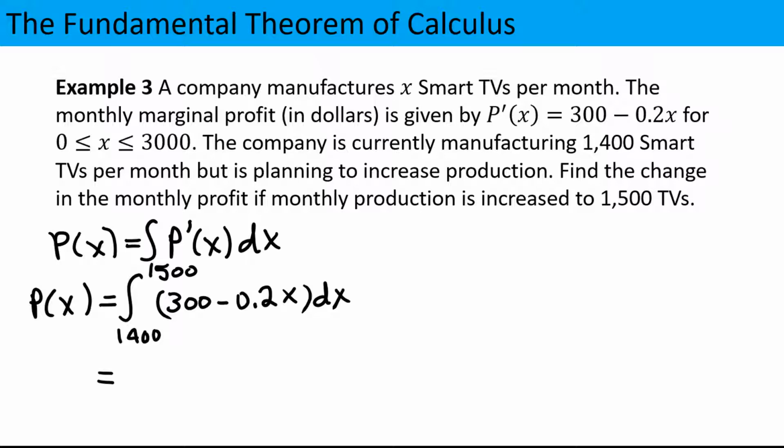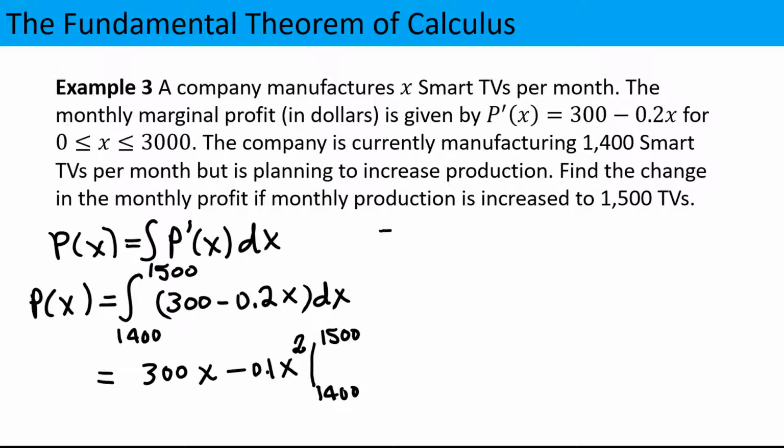The antiderivative or integral of 300 is 300x. Then we will proceed. If you have x and you integrate, it increases by a power of 1, so it becomes squared, and you divide by that same number. So the constant of 0.2 divided by 2 would give us 0.1, and we evaluate this function from 1400 to 1500.